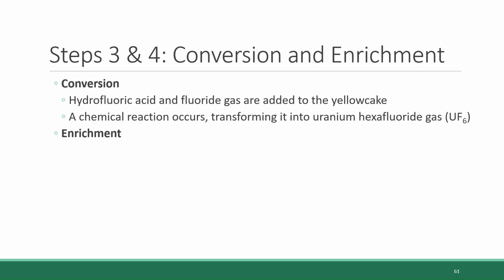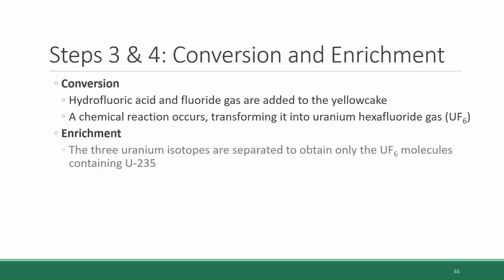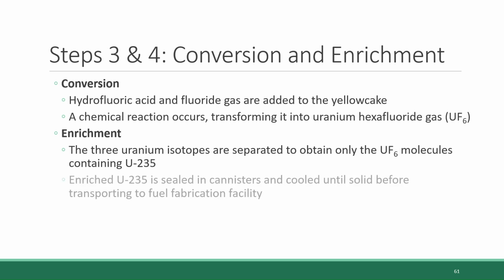And once it's in gas form, enrichment can take place. During enrichment, the three isotopes are separated so that you just get the UF6 molecules containing uranium 235. And then finally, the enriched uranium 235 is sealed in canisters and cooled until solid before transporting to the fuel fabrication facility.